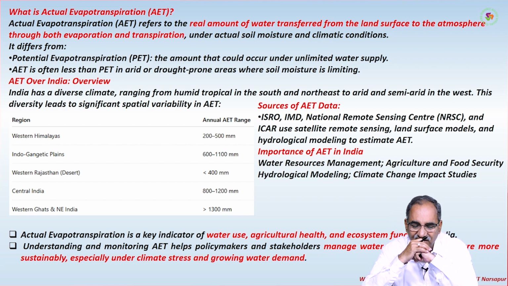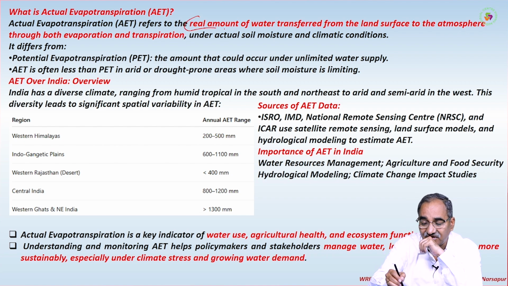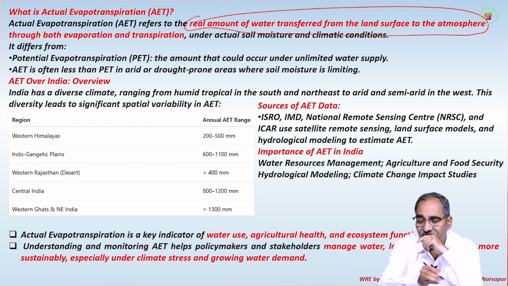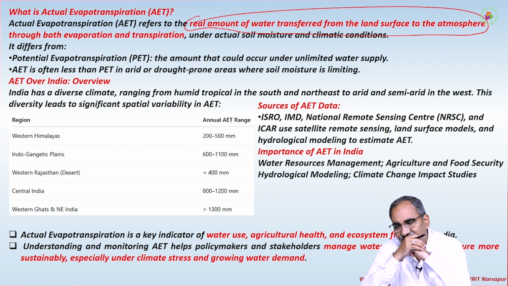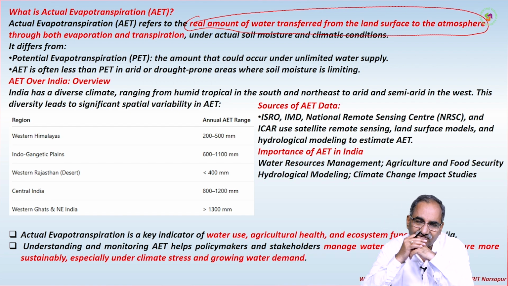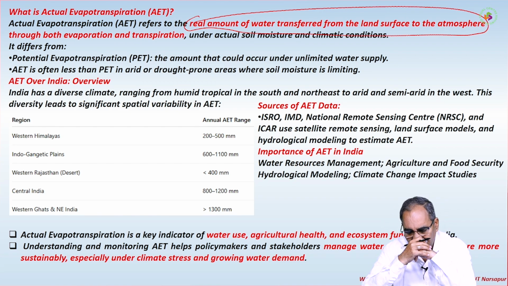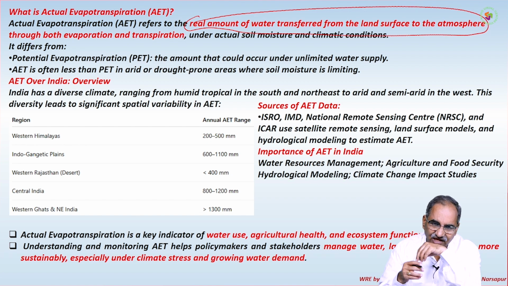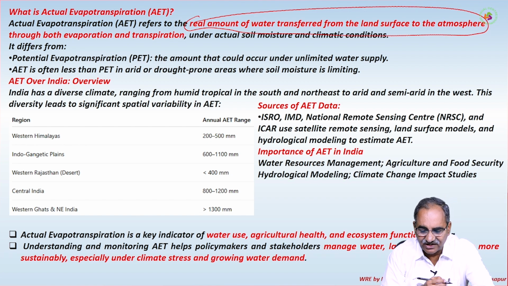Then what is actual evapotranspiration? Actual evapotranspiration is the actual amount of water transferred from the land surface to the atmosphere. How much is the exact amount of water that is being transferred from the land to the atmosphere is what we call this.